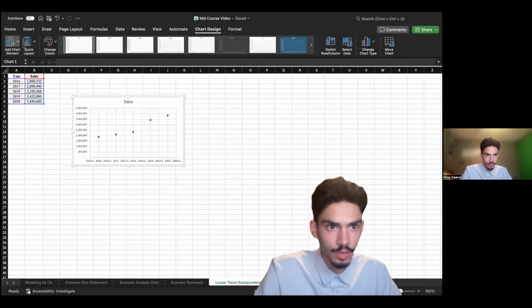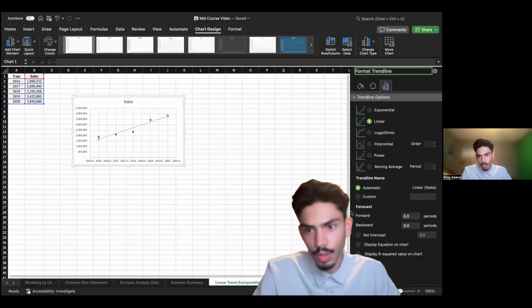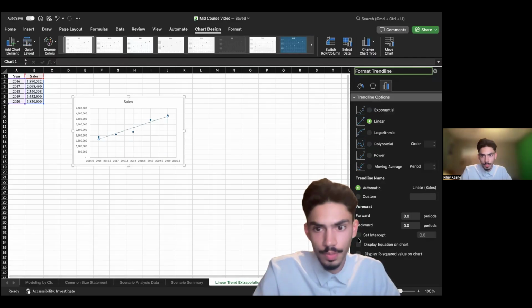Chart elements. You're going to want to add a trend line, linear trend line, and we're going to want to go to more trend line options.